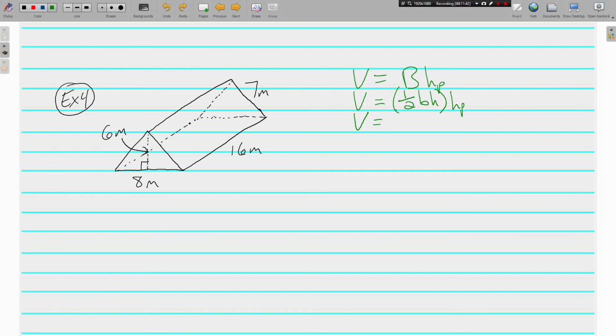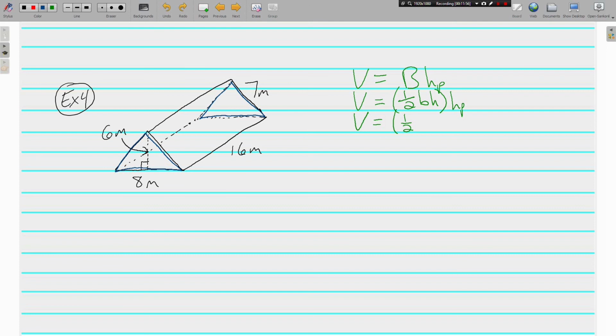And let's find our parts of the triangle. The base and height of the triangle. Here's our triangle right here. Opposite, parallel, and congruent.